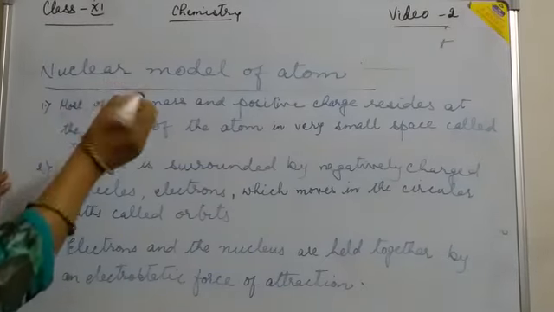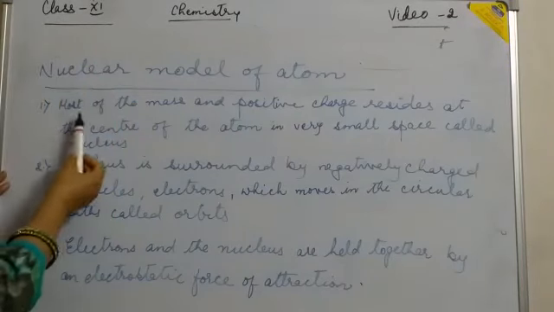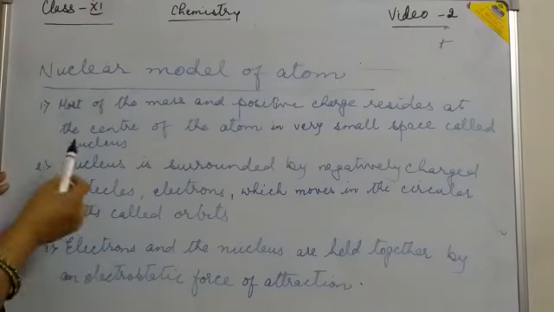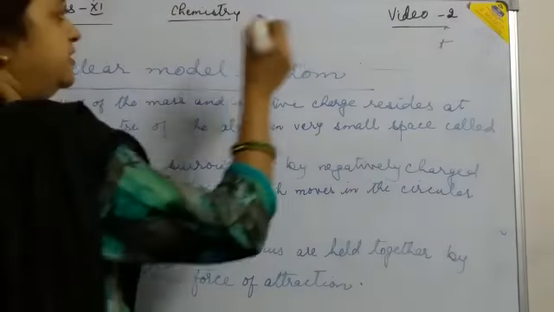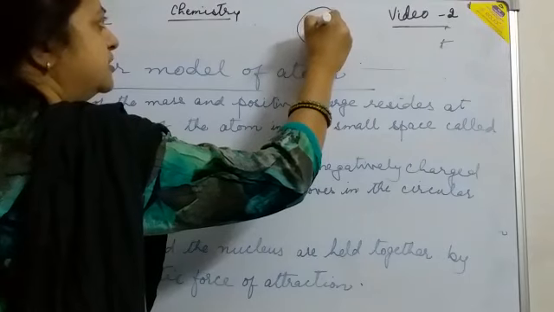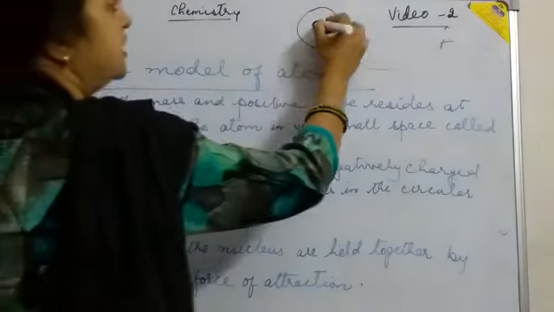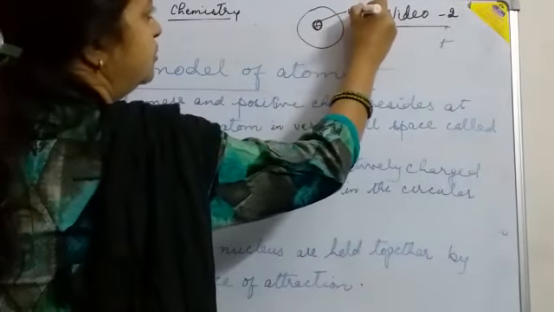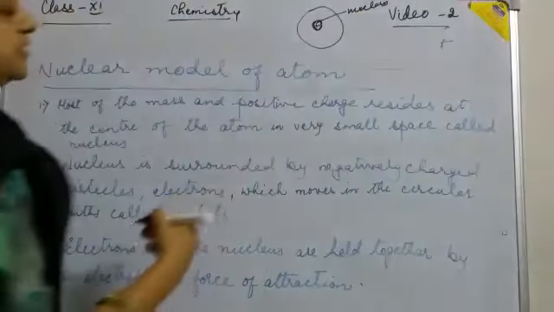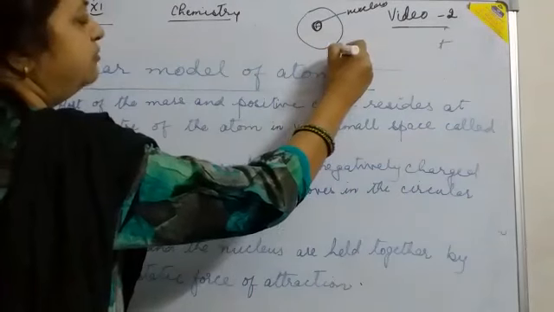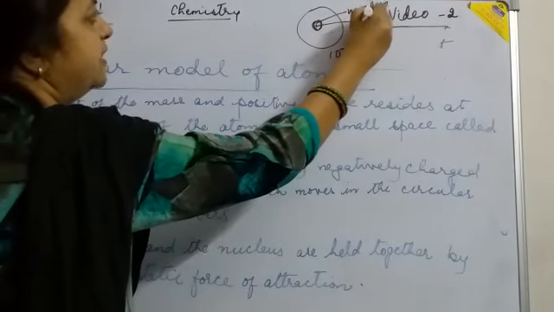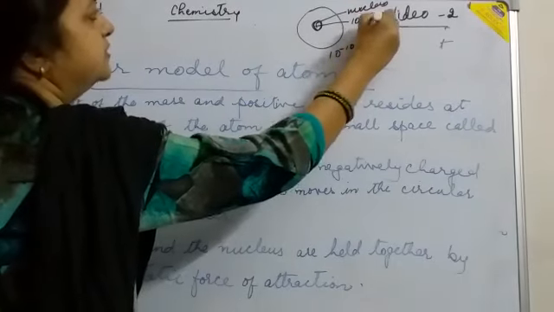According to the Rutherford nuclear model of atom, most of the mass and positive charge resides at the center of the atom in a very small space. The size of the nucleus is very small as compared to the size of the atom. If the size of the atom is 10 to the power of minus 10 meter, the size of the nucleus is 10 to the power of minus 15 meter.